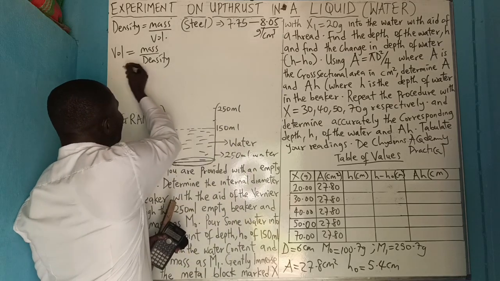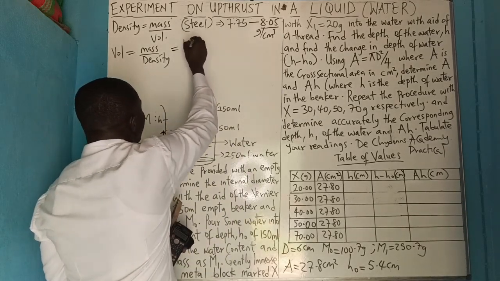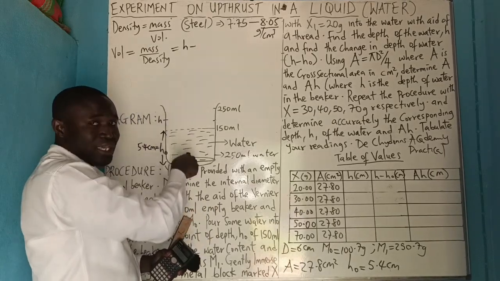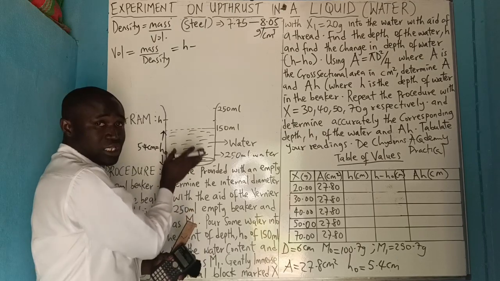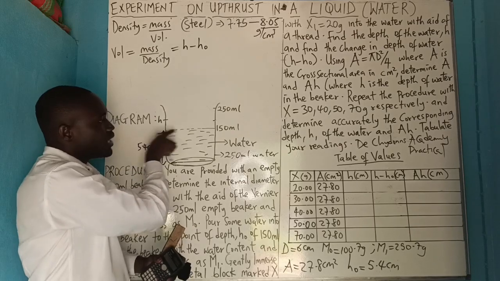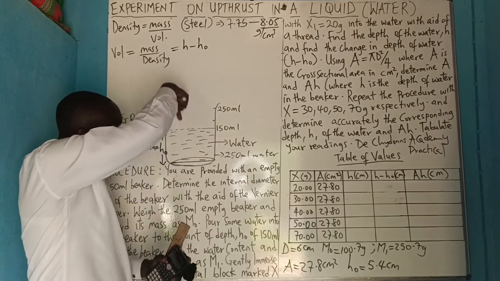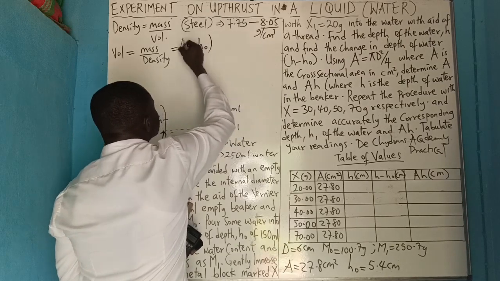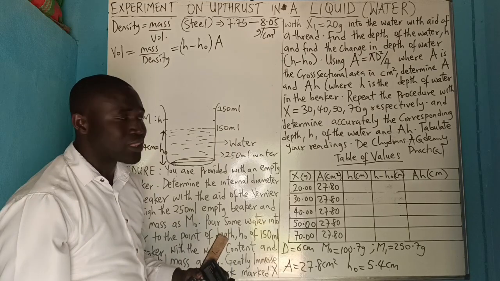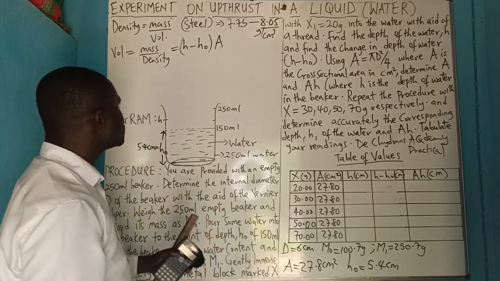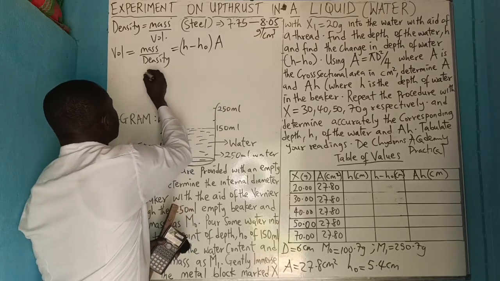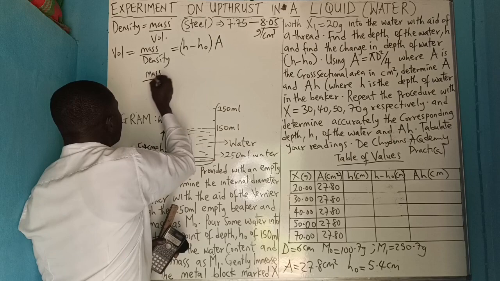And so we say the volume of that steel will be equal to the final height it will get when you put the steel inside, minus the original height of that water before you put the steel inside, times the area of the base of the beaker.